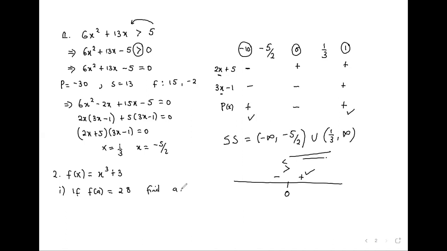Find A. If f of A is 28, find A. What does it mean? f of A is A to the power 3 plus 3, which is equal to 28. So you take this to the other side, you get A to the power 3 is equal to 25.